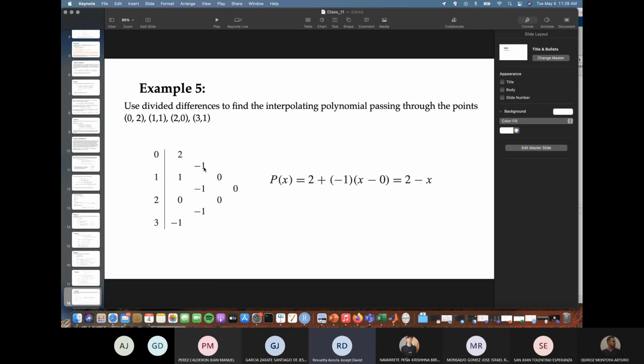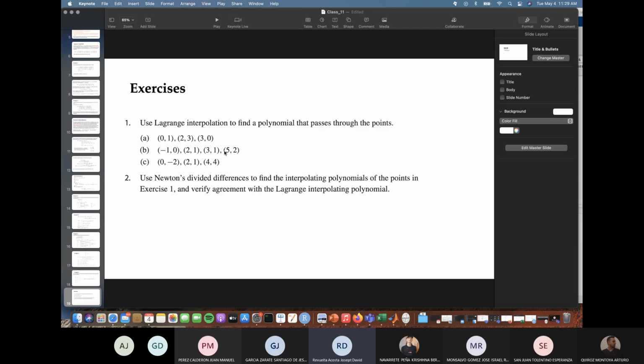We obtain that this is 2 minus 1, 0, 0, and then we substitute it, and then you have 2 and minus 1, which is equal to this one, and you have 2 minus x. So it's not very difficult. You will be able to do it. So this is not an assignment. This is just for you to practice and to verify that the Lagrange and the Newton divided difference are exactly the same. So you're going to do it, and you have the exercises.